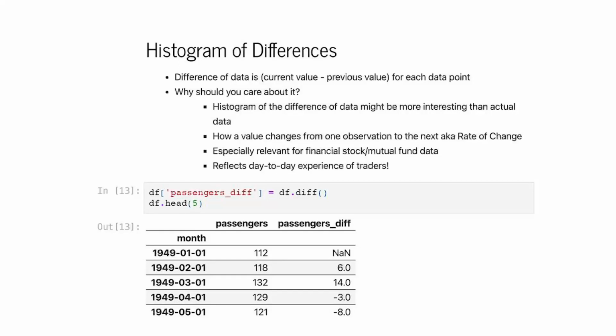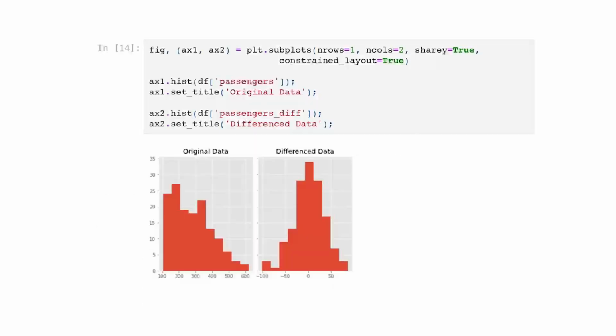The difference data is obtained by simply invoking the diff method on the data frame or the relevant series in question. Since we are doing difference between time steps, the diff method often results in rate of change of the particular column that we are interested in exploring. So for instance, if you're looking at stock price prediction, then the difference data set will give you an idea of how often the stock went up or down.